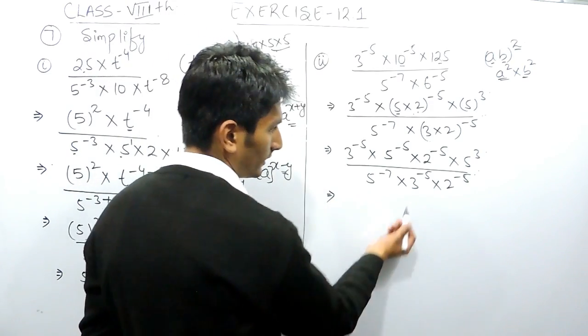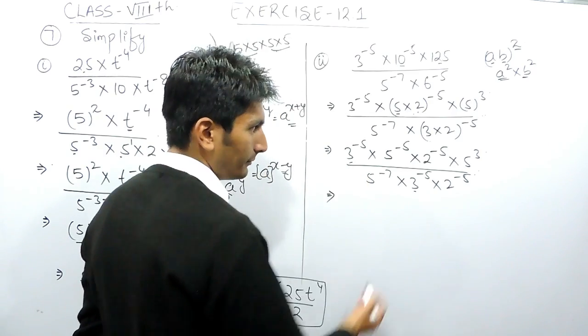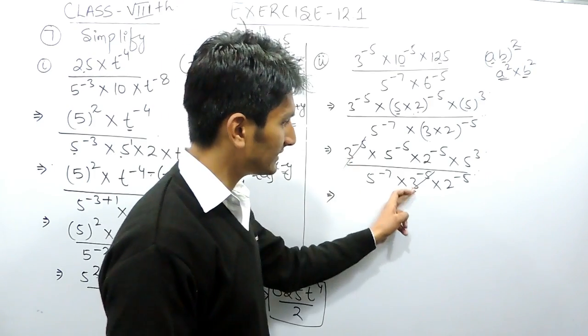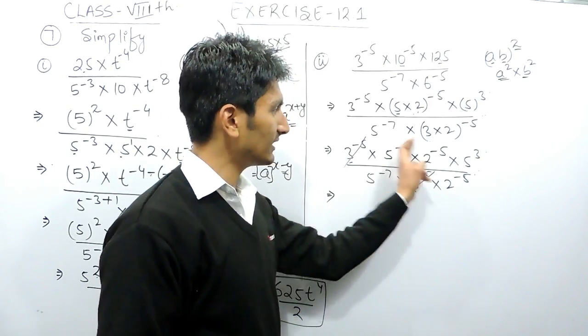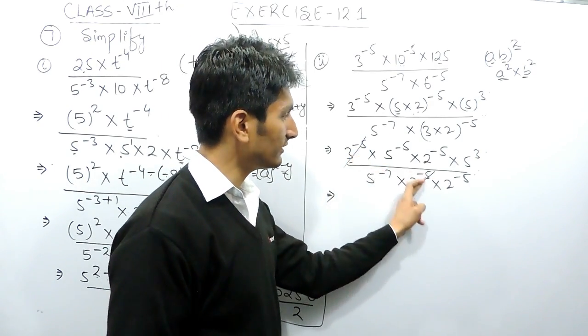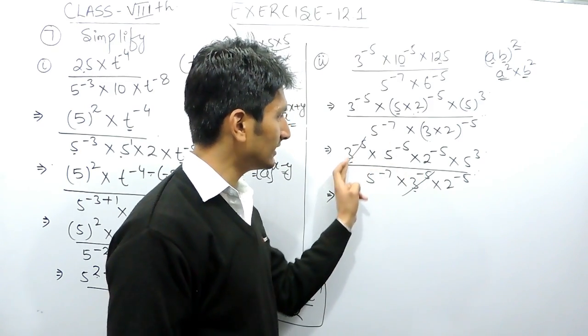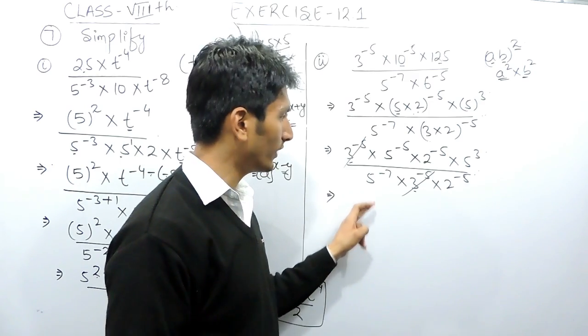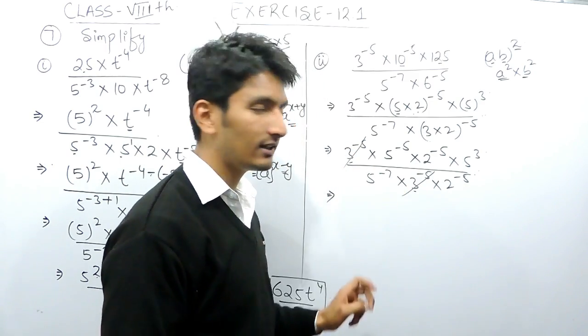Further solving, this and this is same, so this can be cancelled. Or you can say when the base is same, the power gets subtracted, and minus 5 will be cancelled out and this will become 3 raised to power 0, which is equal to 1, or we can directly cancel this out.